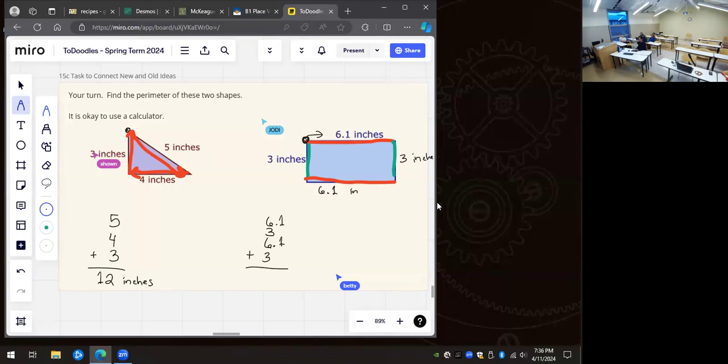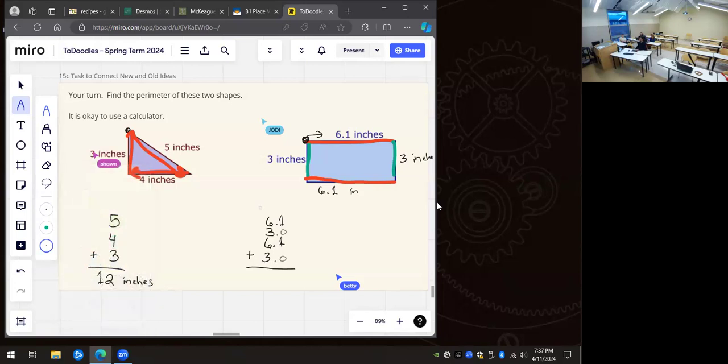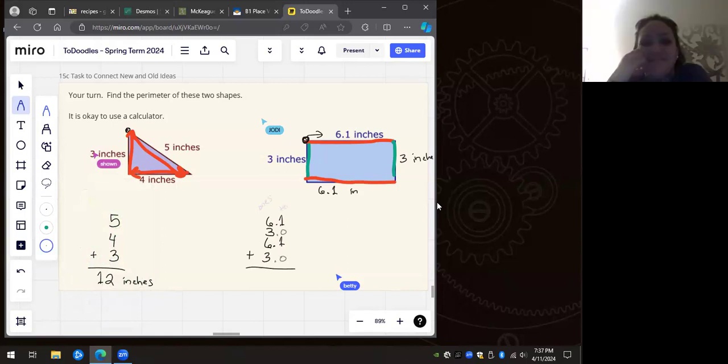We haven't talked about decimals yet in this class, but if you need a review, when you're adding numbers and some have decimals and some don't, you can always imagine a hidden 0.0 for the ones that don't have decimals. So now they're all lined up and the place value is always the same. We have ones and tenths.